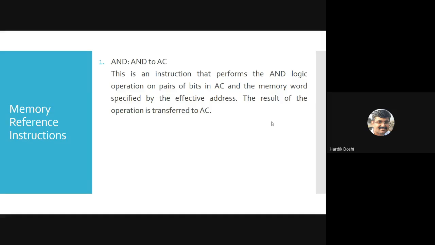The AND instruction performs the AND logic operation on the pair of bits in AC and the memory word specified by the effective address, and the result is stored back to AC. Any doubts with this?